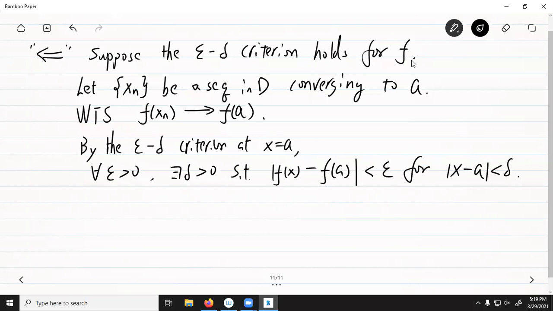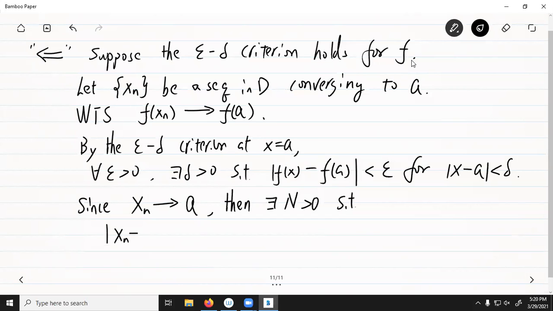We also have a sequence which has the limit a. So we want to convert this to our epsilon N language. Since xn has the limit a, there exists a capital N greater than 0, such that xn minus a should be less than an arbitrary epsilon.